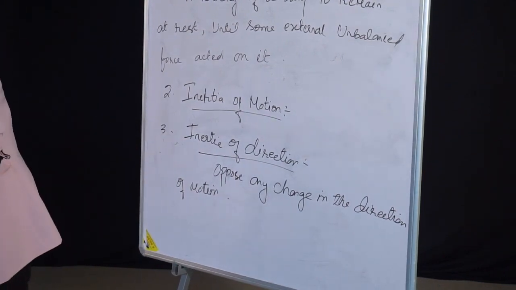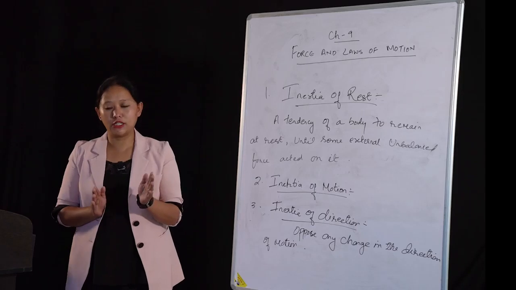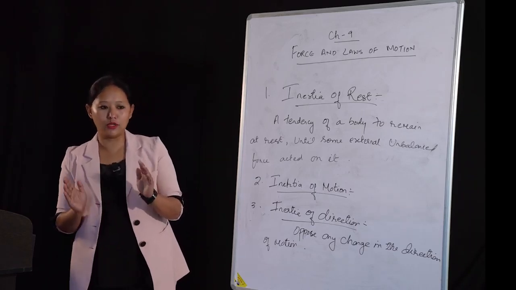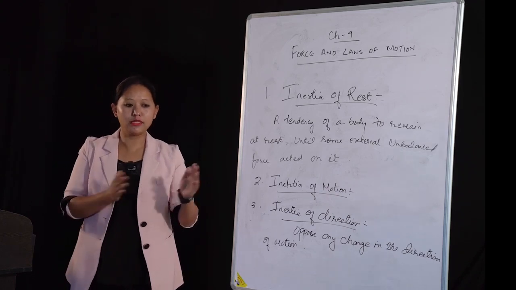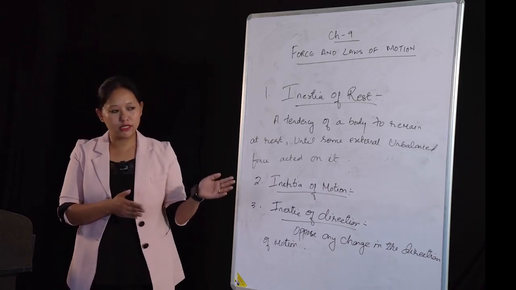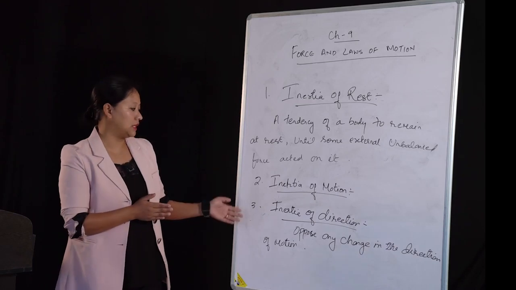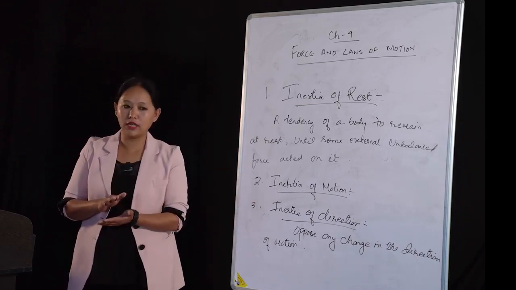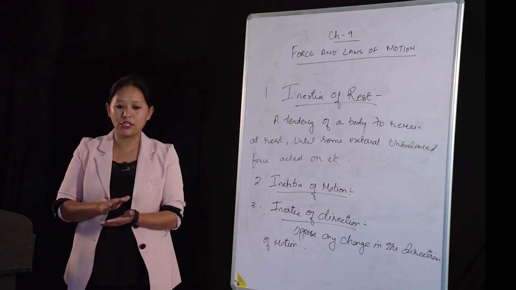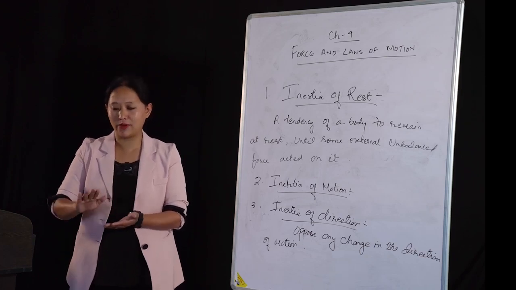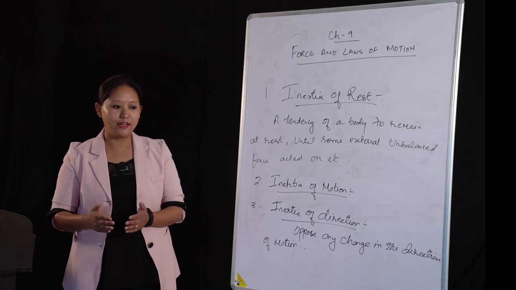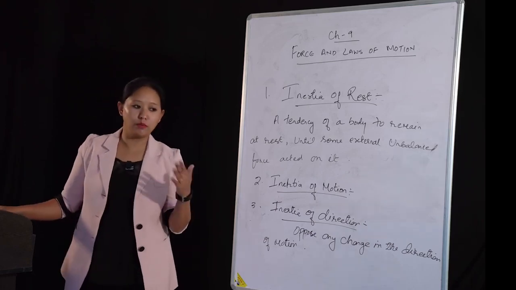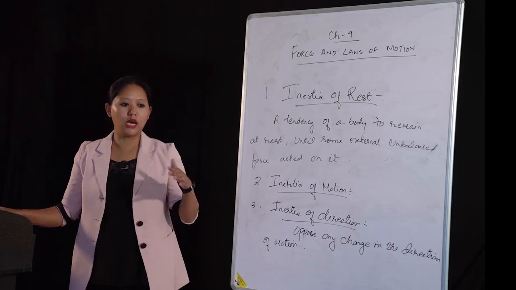For example, when the car takes a sharp turn, what will happen? Your body will be pushed to one side of the car. This can be explained on the basis of inertia of direction. At first, the car was moving in a straight direction, and suddenly, if the car takes a sharp turn, then your body is pushed towards the other side.